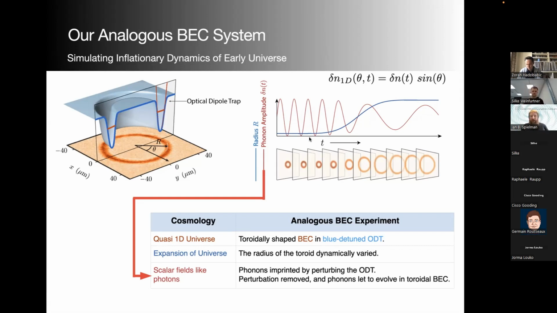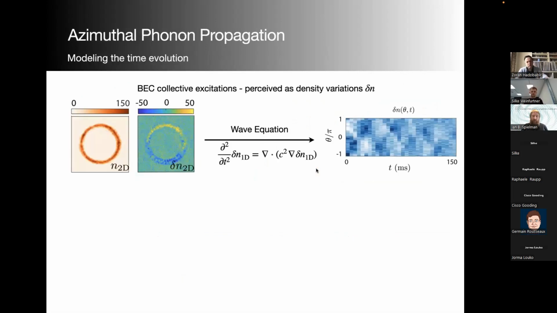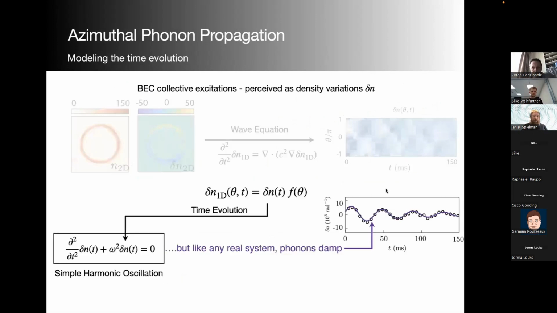And currently, our technology doesn't allow us to do that in the laboratory. So this is one of the many ways in which we don't capture all the physics associated with the inflationary epoch of the early universe. So I showed this slide before. We have density, difference density, and we see the phonon modes.